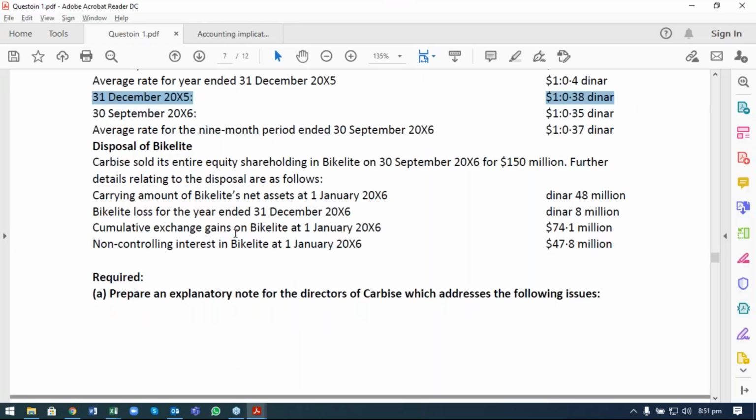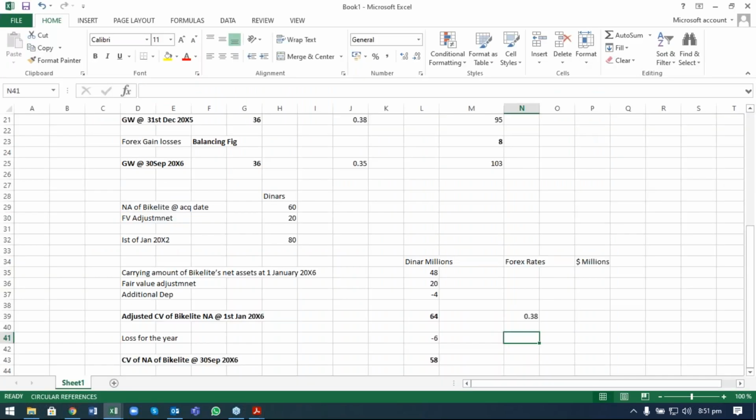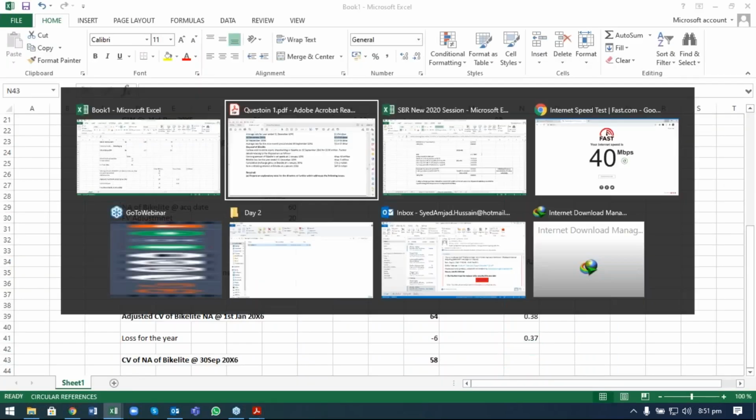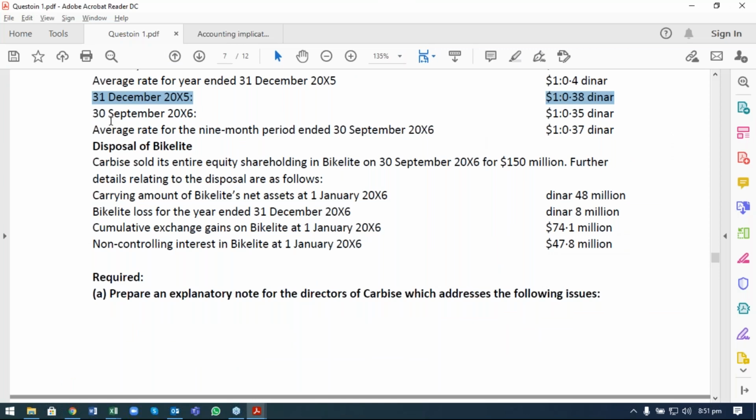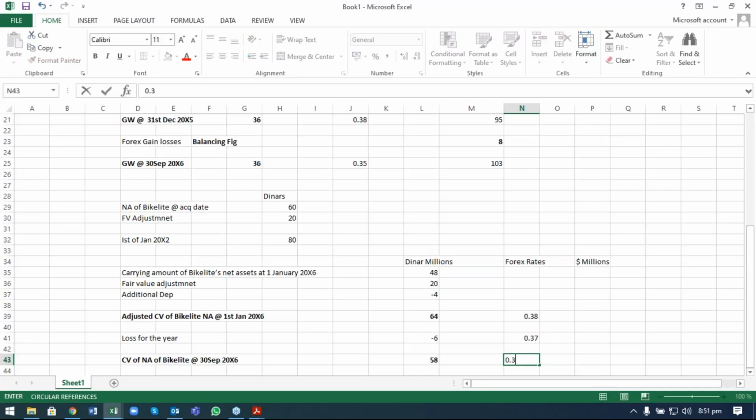Bakelite loss, cumulative gain losses in Bakelite from 1st January. The average rate was 0.37, and the rate on 30th September was 0.35. Right? So you can calculate the value.